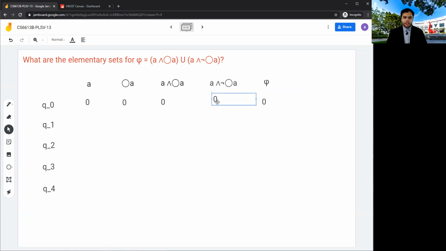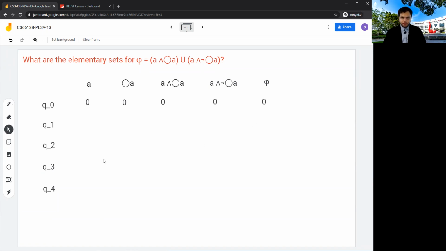So this is my first elementary subset. What does this mean? It means that my first elementary subset consists of which formulas? Well, it doesn't have A in it, so it should have negation of A in it. It doesn't have next A in it, so it should have negation of next A, and so on.